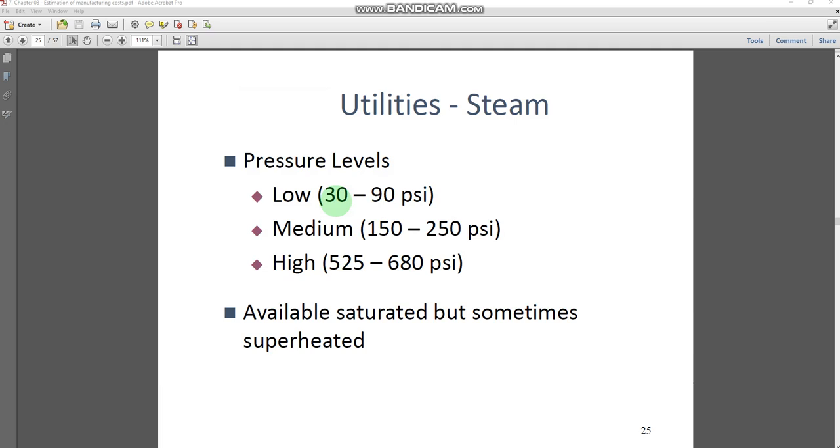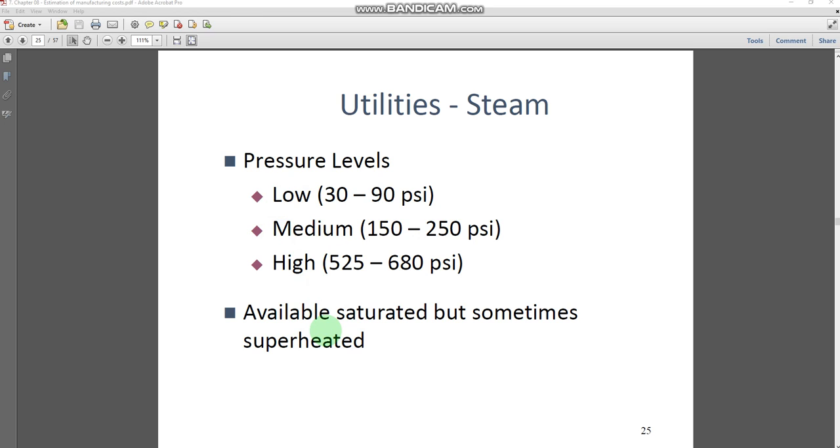Okay, now in the industry, you can see that there are different types of steam that can be used to generate electricity, or to run the turbines, or to run the compressors. Okay, so you can either have the low pressure steam with this range of pressure, you can have the medium pressure or the high pressure steam. Okay, so sometimes you require the steam just for heat exchange, so maybe saturated steam is required.